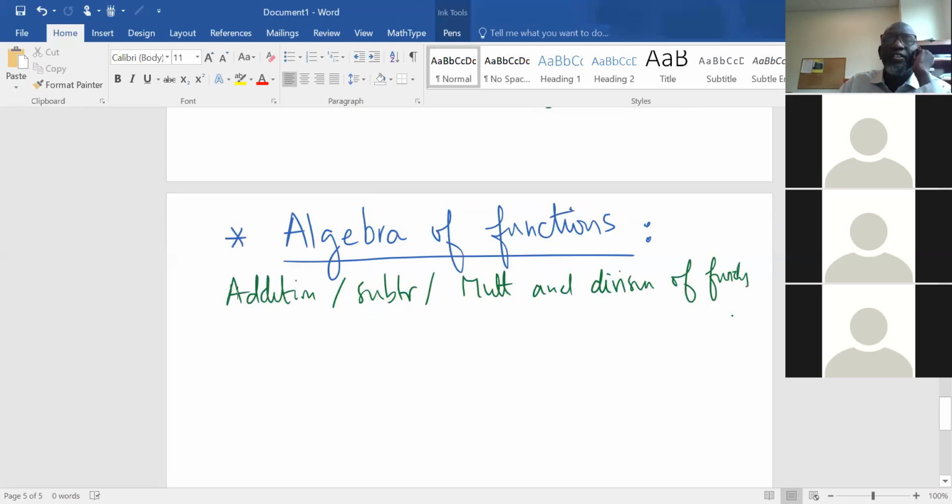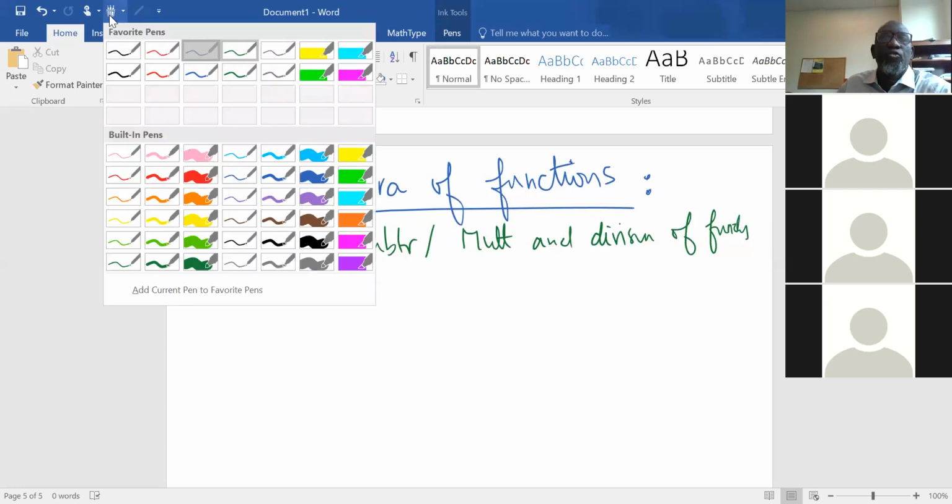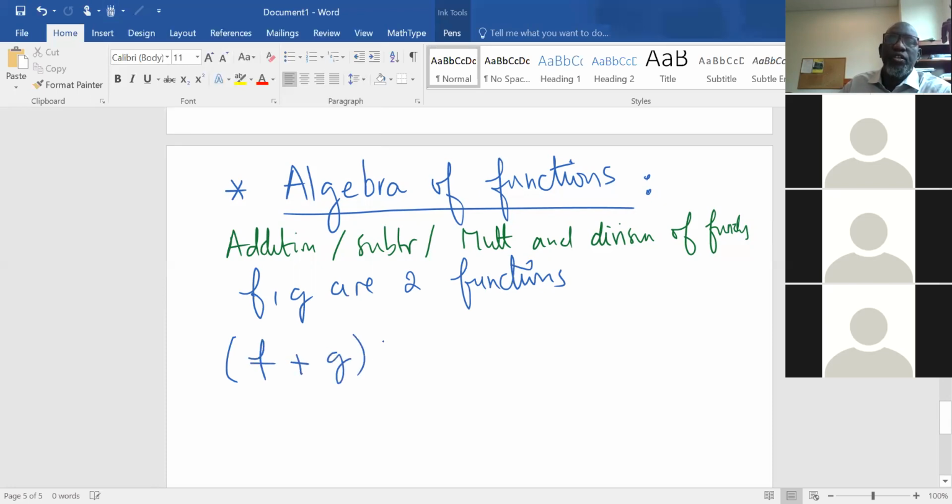If you have two functions, f and g, what is the definition of the function f plus g of x?